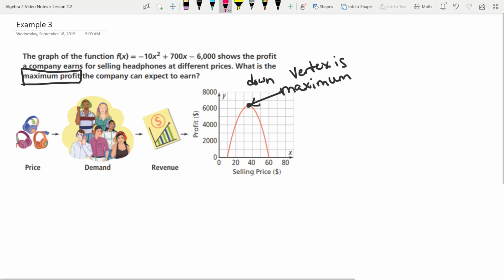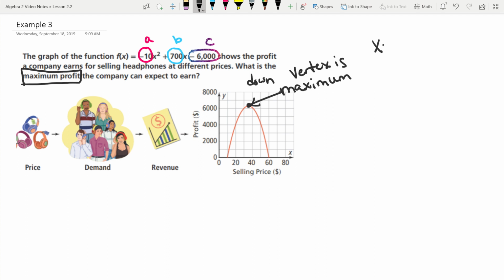So here, we got our A, got our B, and we got our c, but we don't really need our c for this example. So remember the formula is x equals negative b over 2a. So we got negative, and then b is 700 over 2 times a.